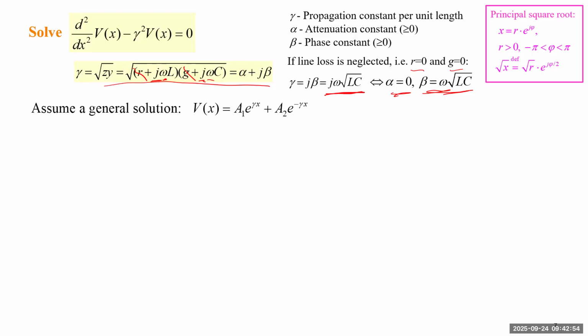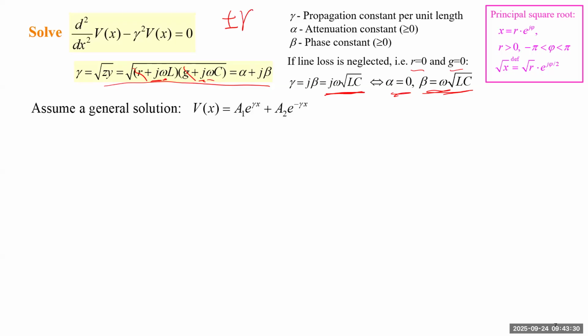All right, so let's solve this second order linear differential equation. For such an equation, we can always assume a general solution. Because this is a second order differential equation, when you solve it, it will have 2 eigenvalues, basically positive and negative gamma.